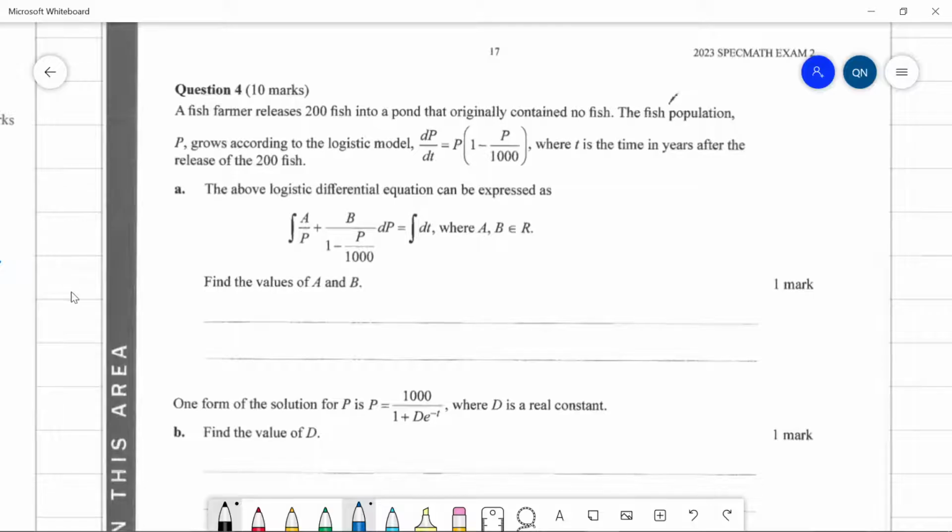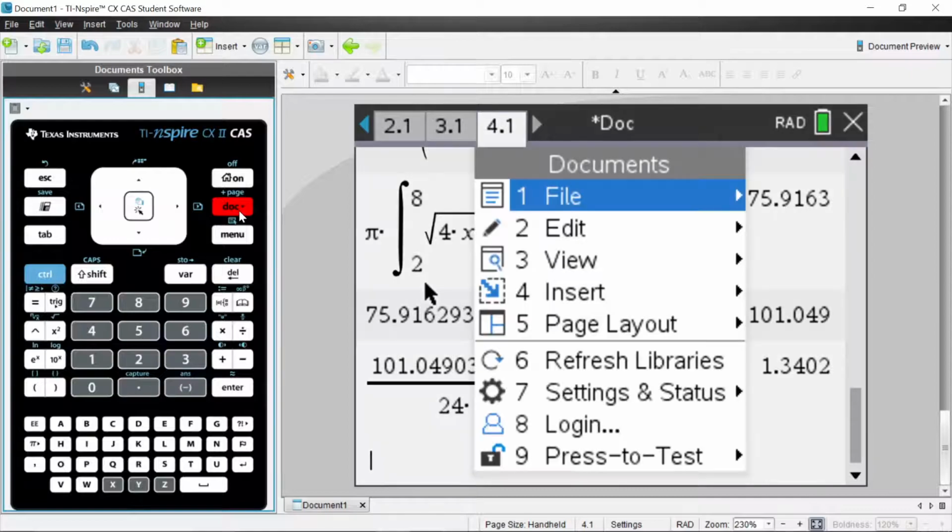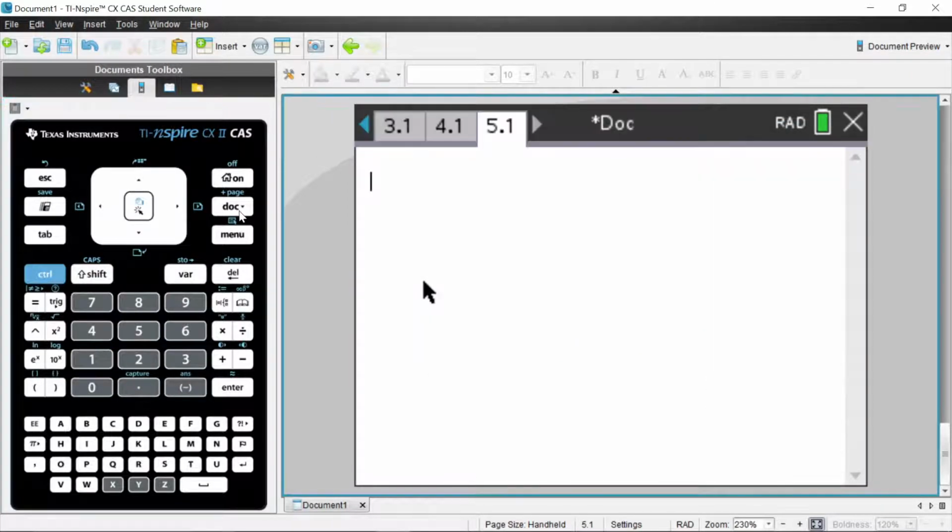So if you rewrite this, it's going to be dt on dp is equal to 1 on p, 1 minus p on 1000. Right, and you want to integrate both sides. So it looks like we're just going to do partial fraction decomposition. So I'm going to go ahead and insert a new problem page.